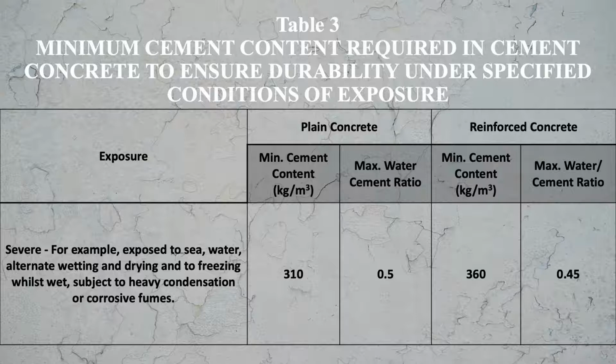Maximum water cement ratio is 0.5. For reinforced concrete, the minimum cement content is 360 kg per meter cube and maximum water cement ratio is taken as 0.45. So these are the minimum cement content and maximum water cement ratio that may be used for different exposure conditions.